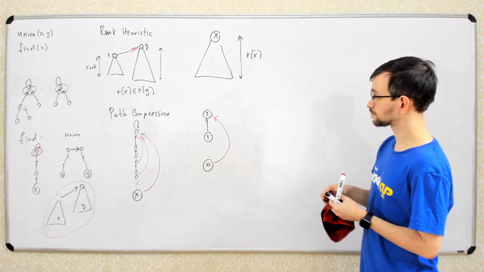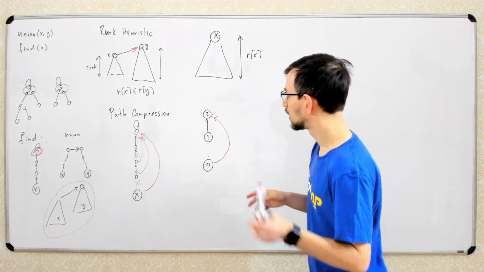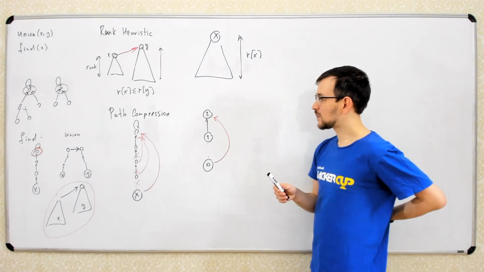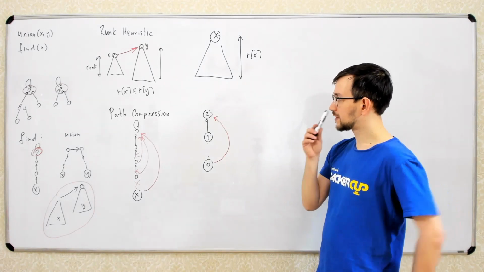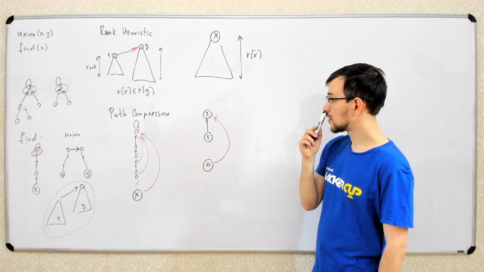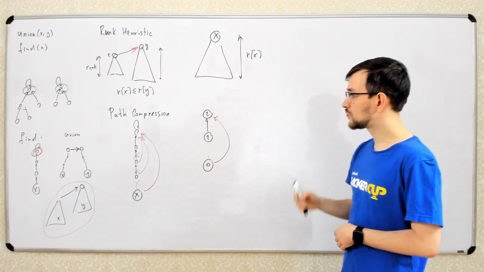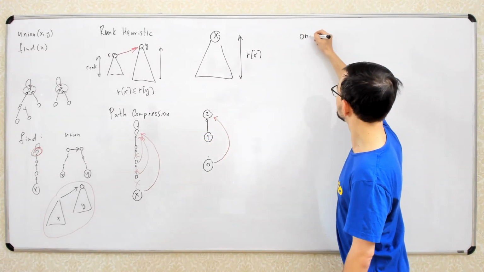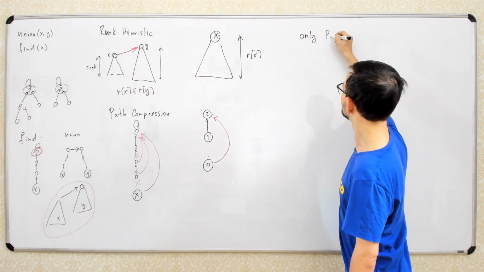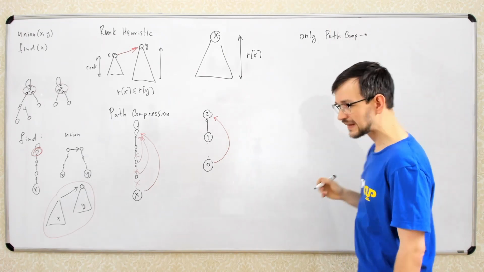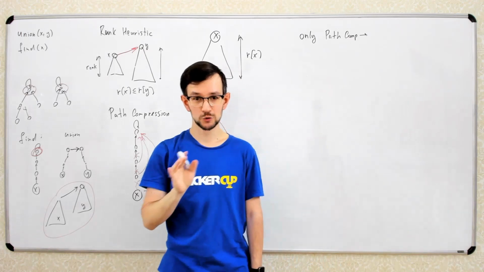Cool. Now, what is the plan for today's lecture? Today we will prove the time complexity of the following. First, we will prove that if you use only path compression, then the time complexity is good.